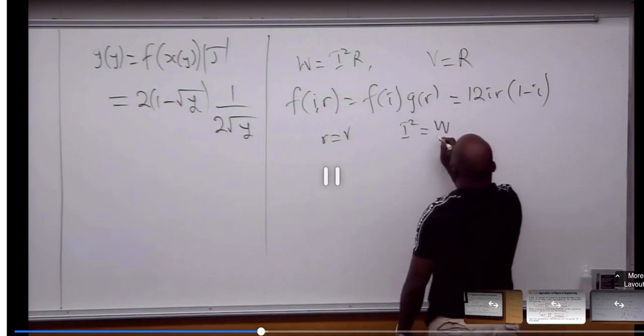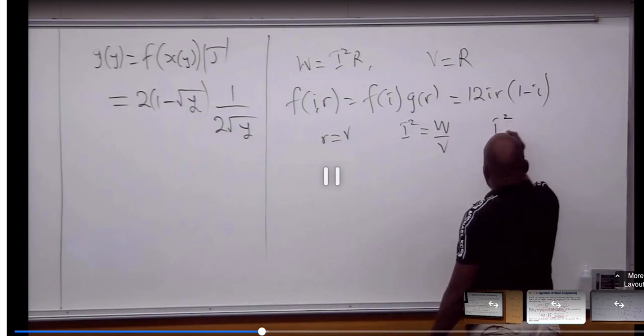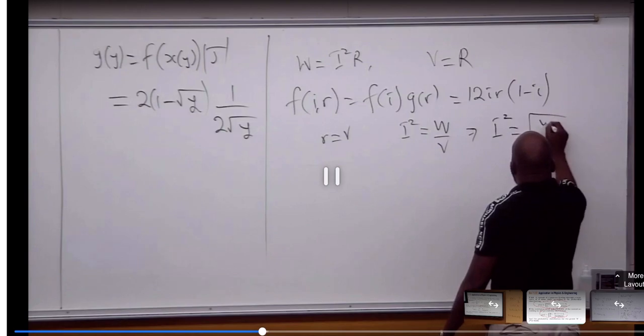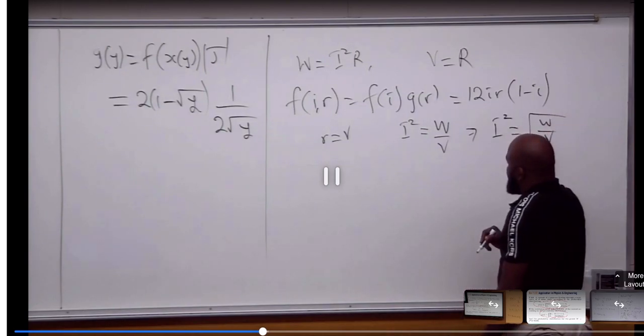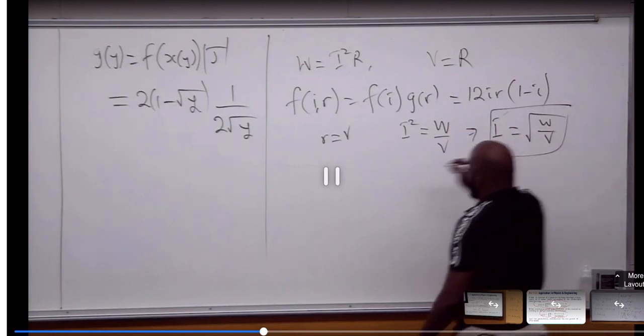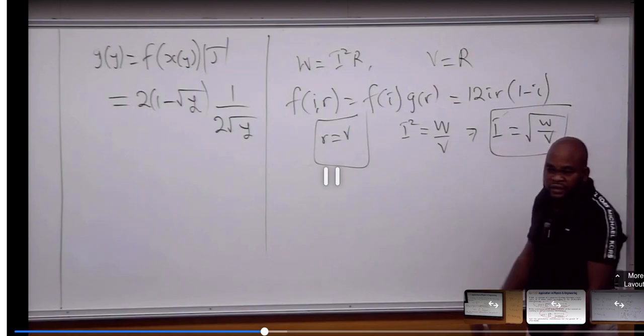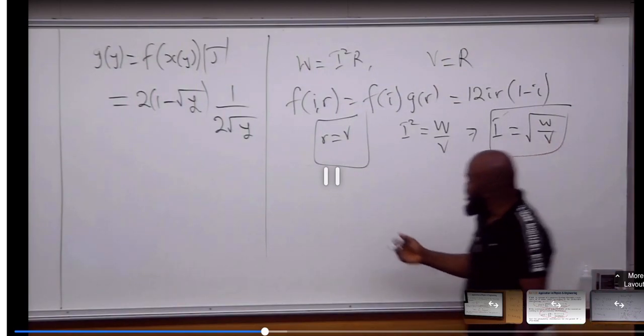R is V. Right? And this implies I equals the square root of W over V. Sorry, I equal that. If you take a look at this, these two are my inverses. Then I need the Jacobian.